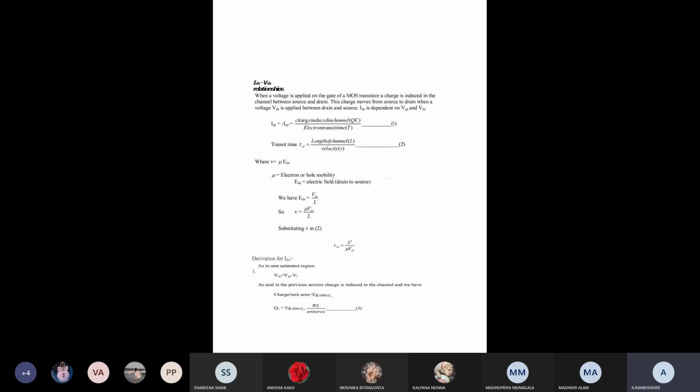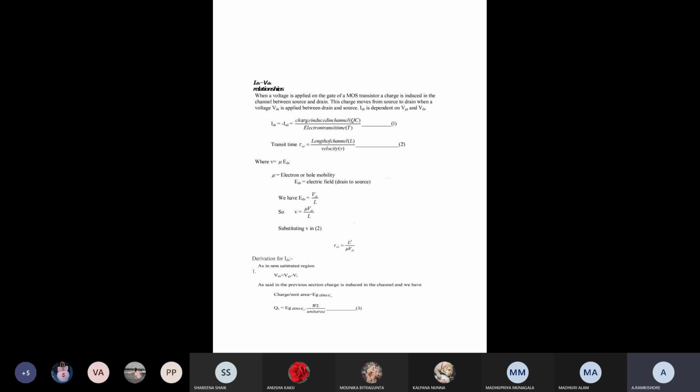So the speed of the electron depends on V is equal to mu into E_DS. From the basic equation, we know that E_DS is equal to V_DS by L.